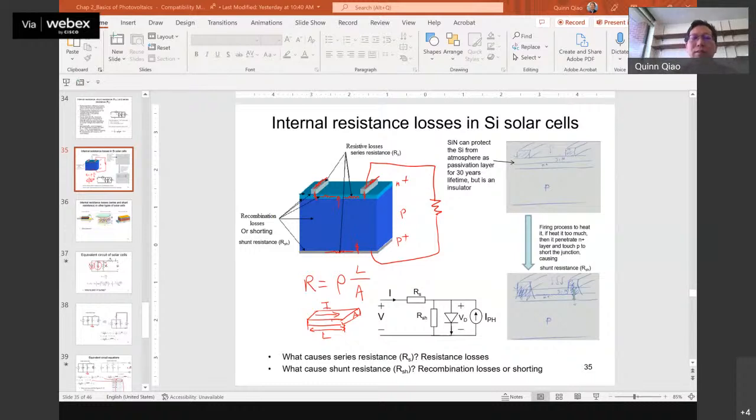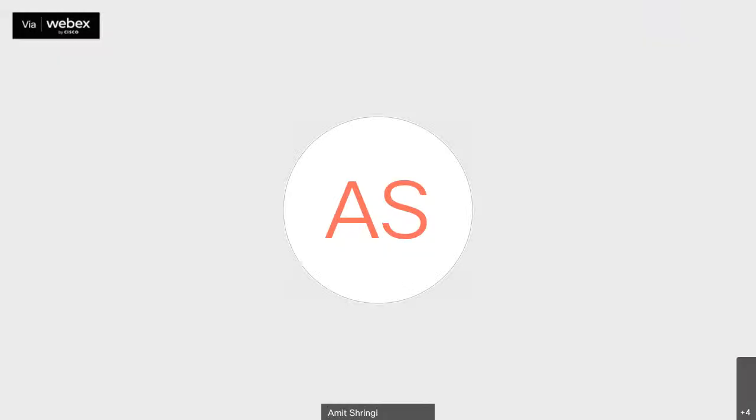Sir, my next doubt was: is there any process or tailoring in the material by which we can reduce the recombination of charge carriers, or any technique we can use, like thin film, bulk, etc.? There are a lot of techniques. You can simply measure the luminescence, right?